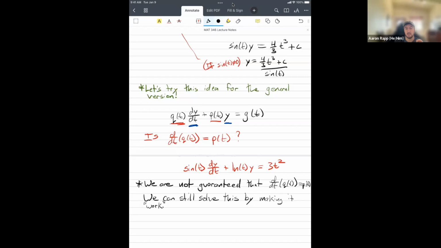But I can change the derivative of the function that I'm considering and hoping that it matches up when I also change Q and I change P by the same thing, that then this new function that I create is going to work out. This idea of making it work is we're going to multiply my entire equation by something called an integrating factor.